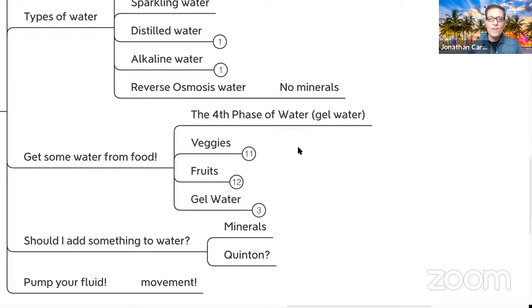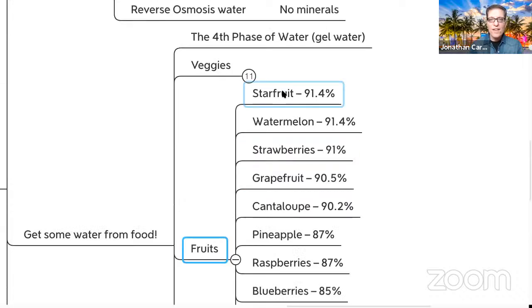But some people feel that because it's immediately juiced and then you drink it, it remains in this structured form, and that can be more hydrating. So you want to concentrate on drinking water, but also getting as much water as you can from vegetables and from fruits, of course.